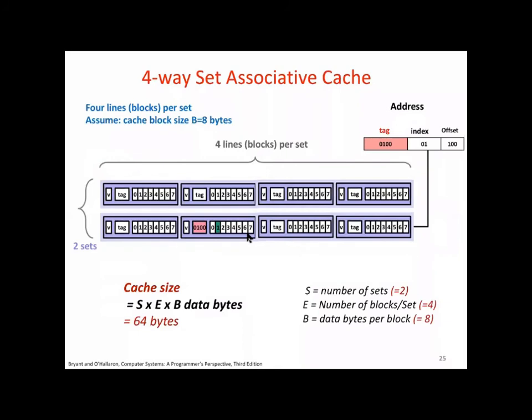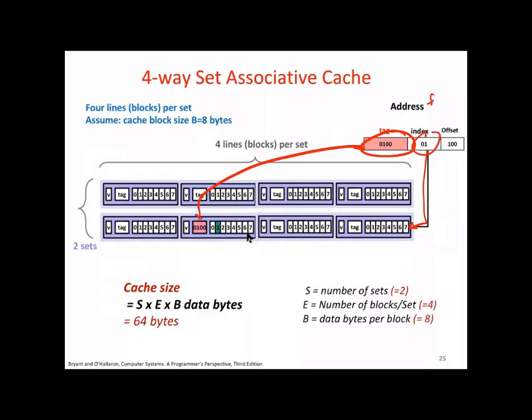In the previous example, this is how we are doing it. If the address that comes from the CPU is, for example, 0100 01100, use the index to find out which of the two sets, and then match all tags here with the tag here, and we'll know that this tag will match.